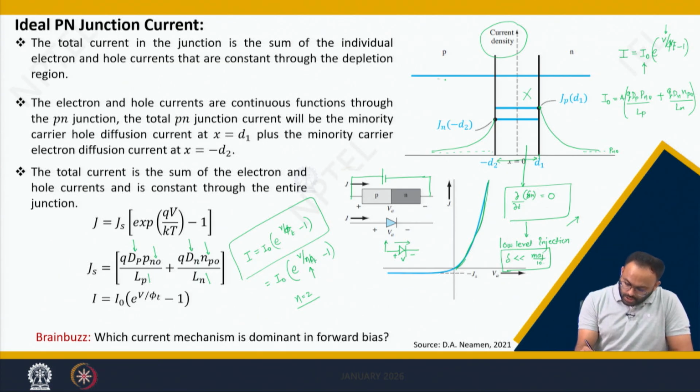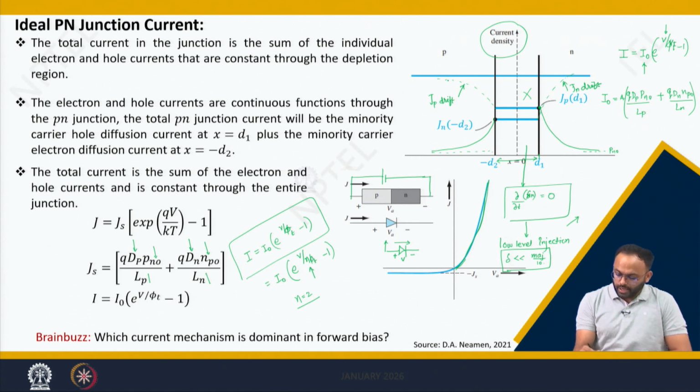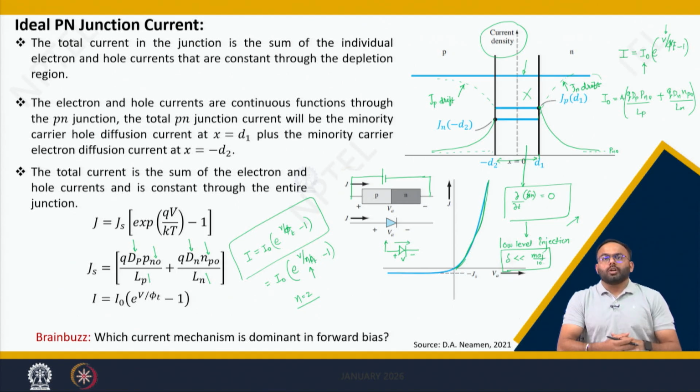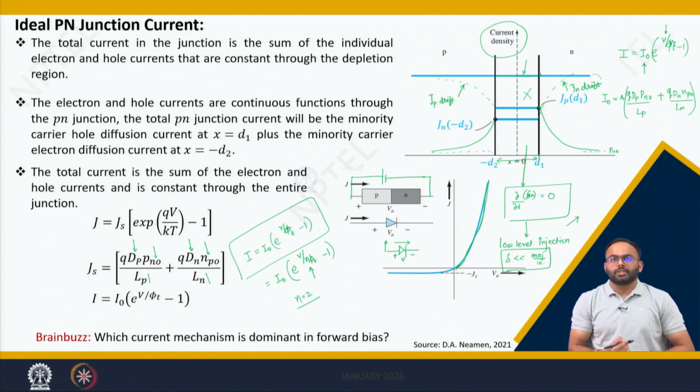So this is the hole drift, and similarly this is the electron drift, and hence the total current is nothing but the sum of the drift component and the diffusion component. Here you can also see our assumption does not hold good that no mobile carriers are available in the depletion region, because there are some carriers in the depletion region which support the current and maintain current continuity.